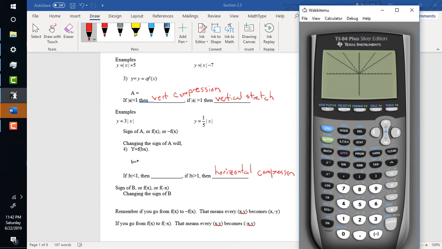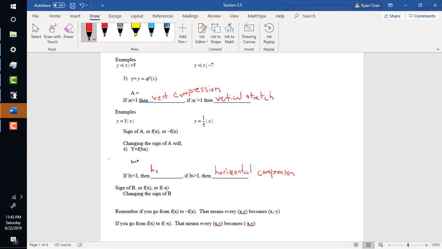Notice if I do absolute value of 0.25x, I'm making something up here, my horizontal is stretched out. So I have what's called a horizontal stretch. If you Google this, one thing you'll realize is they're essentially the same thing.